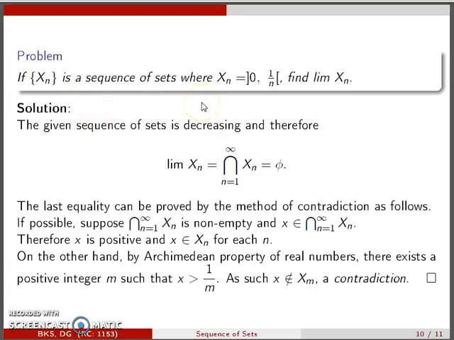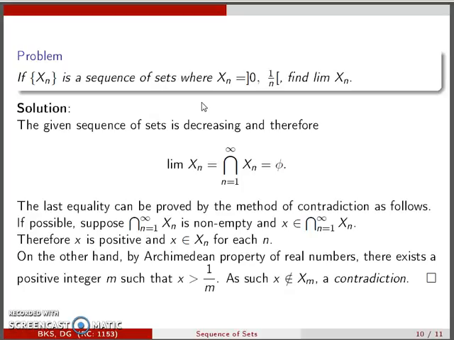Now consider a concrete example like xn is the open set (0, 1/n). Find the limit of xn. Well, you already know that xn by definition is decreasing.